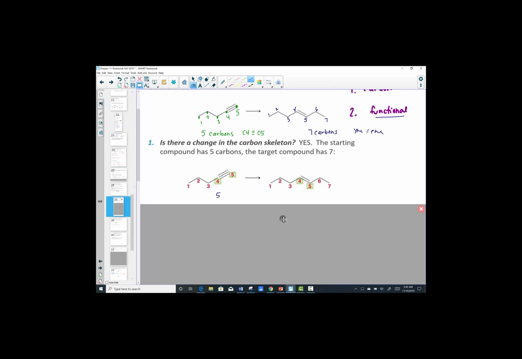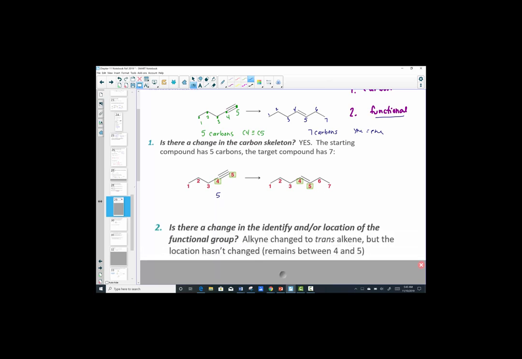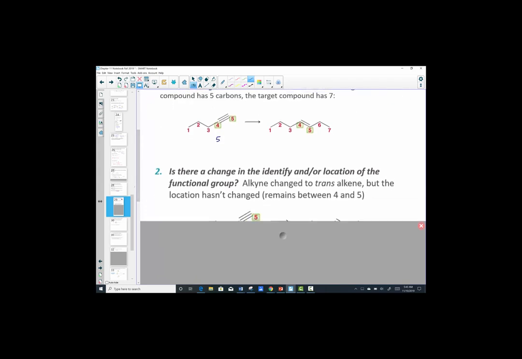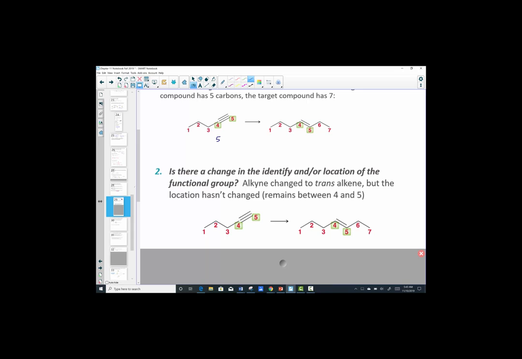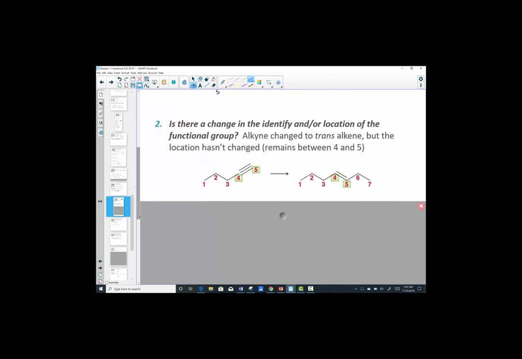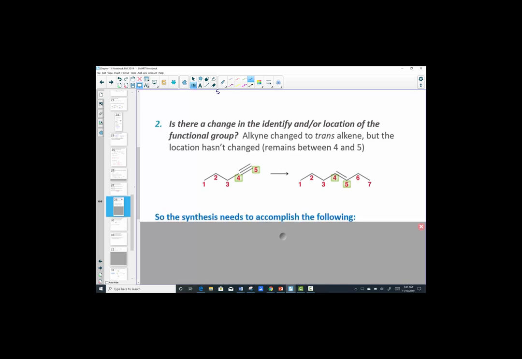And we have to change the functional group, because even though it remains in the position of 4 and 5, it's gone from triple to a double. So those are the key things you start any synthesis with: figuring out what you are starting with and where you need to end. Two key questions: what's happening to the carbon skeleton and what happens to the functional groups?